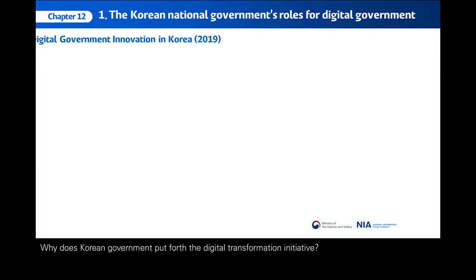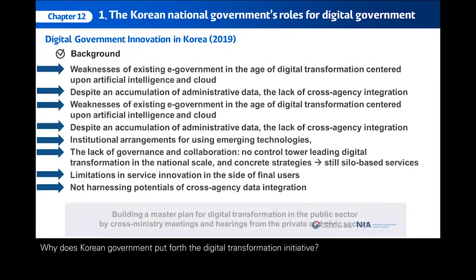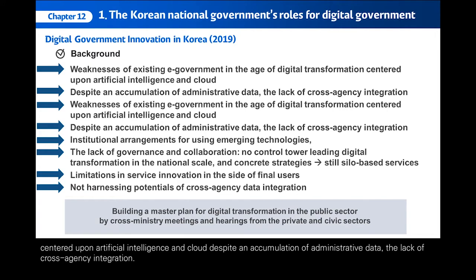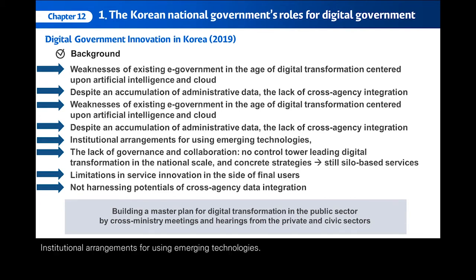Why does the Korean government put forth the digital transformation initiative? There is a background. There were some weaknesses of the existing e-government in the age of digital transformation centered upon artificial intelligence and cloud. Despite an accumulation of administrative data, there is a lack of cross-agency integration and institutional arrangements for using emerging technologies.